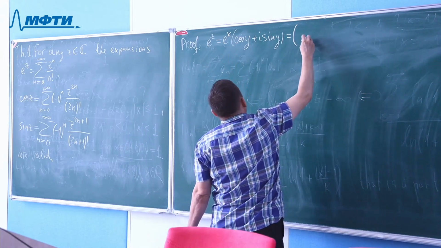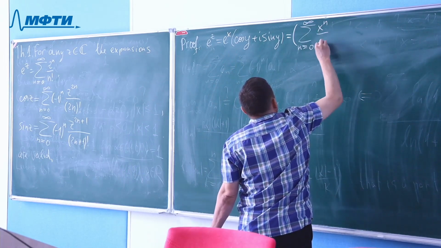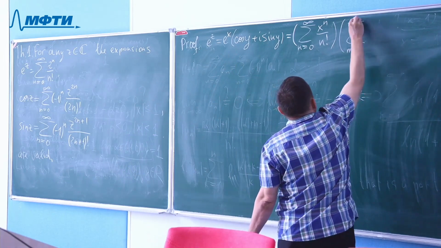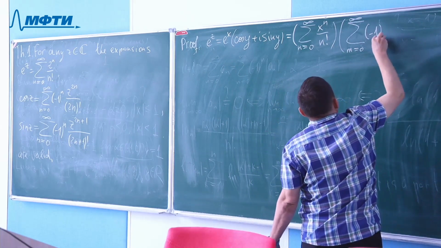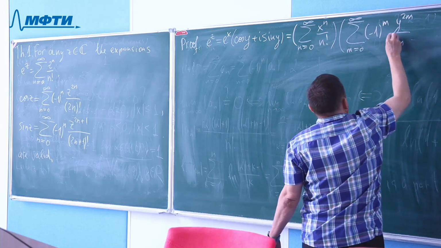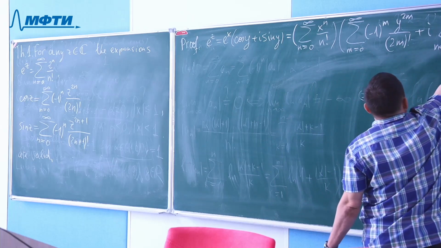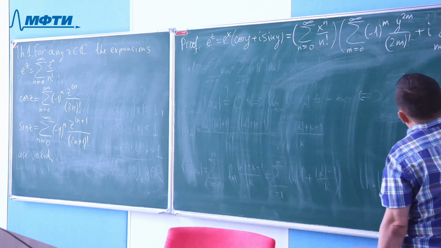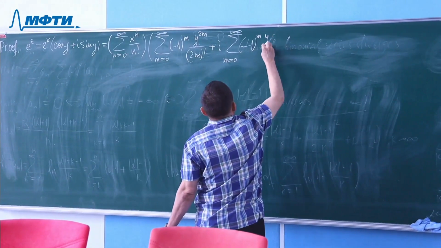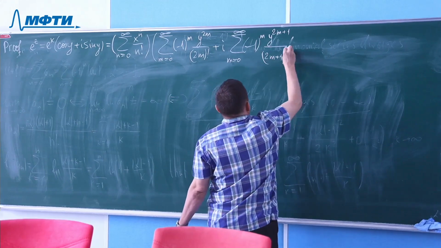So we have sum n from 0 up to infinity x to the power n over n factorial times sum m from 0 up to infinity minus 1 to the power m y to the power 2m over 2m factorial plus i times sum m from 0 up to infinity minus 1 to the power m times y to the power 2m plus 1 over 2m plus 1 factorial.